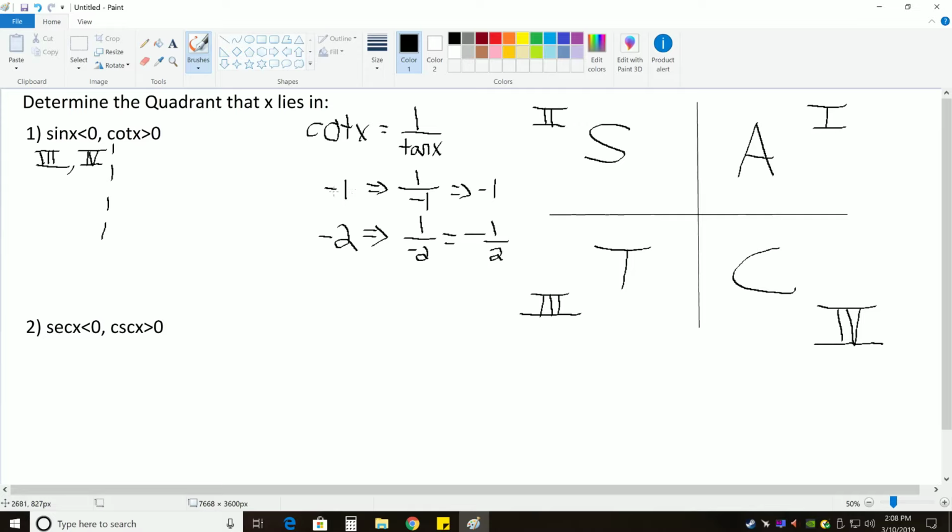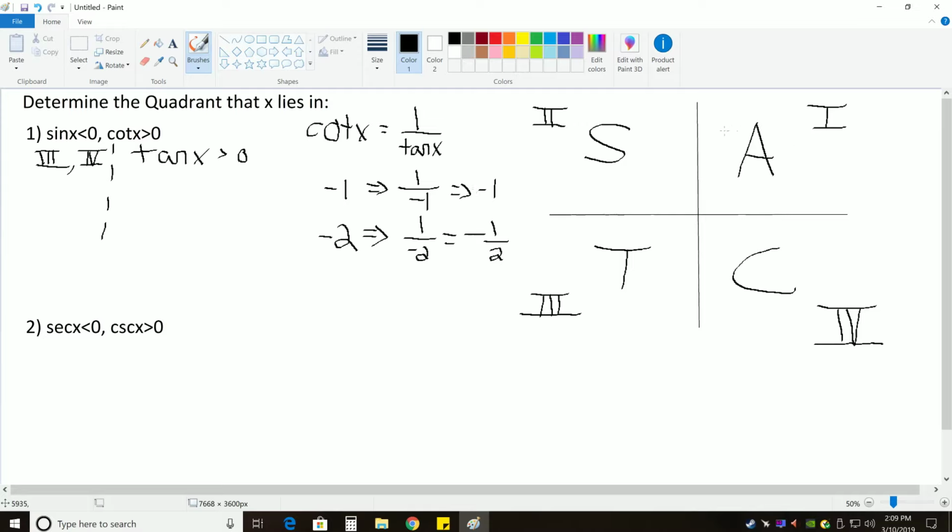If cotangent of x is negative, then tangent of x will be negative. In both cases, we start with a negative, we end with a negative. And that's just from the fact that if you ever take the reciprocal of a number, if it started positive, it'll finish positive. If it started negative, it'll finish negative. So that means cotangent of x being greater than 0 is the same thing as saying tangent of x has to be greater than 0.